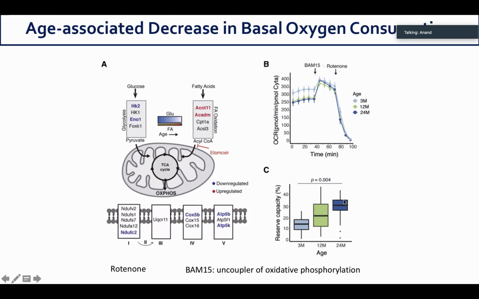So mitochondrial reserve capacity now is increasing. That means mitochondria are not efficiently using the oxygen for ATP, as well as they are using less oxygen anyway. So what does that mean for our hypothesis? Okay, then we wanted to see what happens. Is this really true? This is all done with glucose as a substrate.